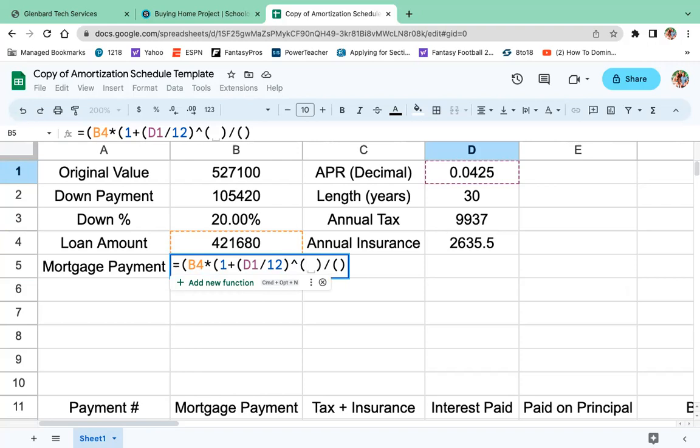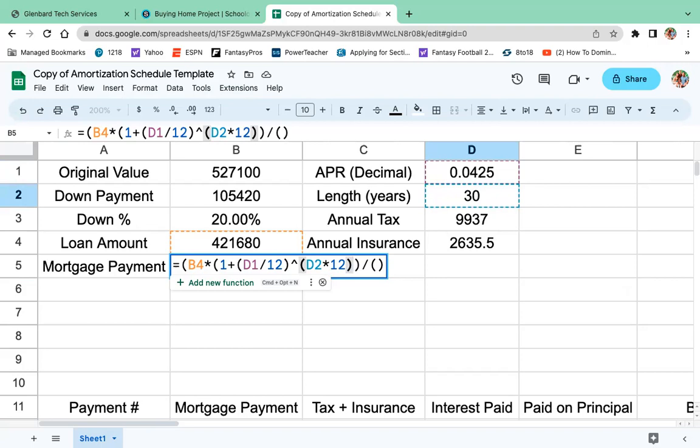So it's the length times 12. So I'm going to put D2, the length, times 12. If I do that instead of typing in 30, I can change the length of the loan and see how things change. Otherwise, my formula is going to be locked in on 30 years no matter what. You're never going to get a loan that's not monthly for this, so that's why we can put the 12 in and have that be a set number.